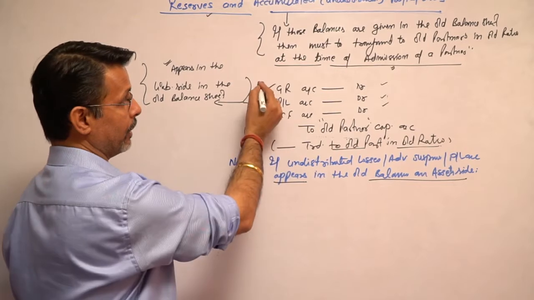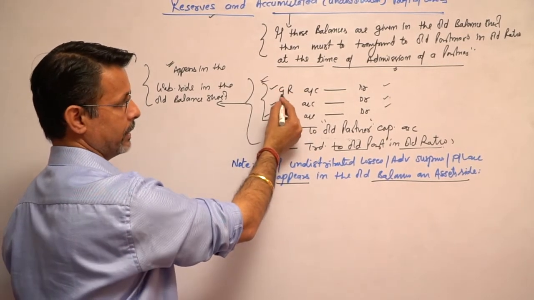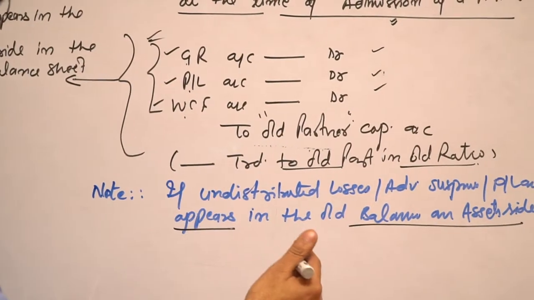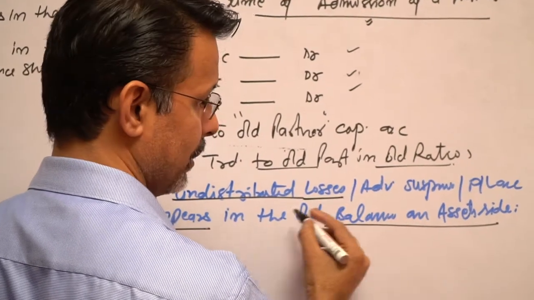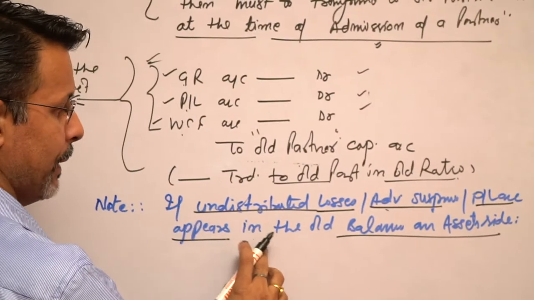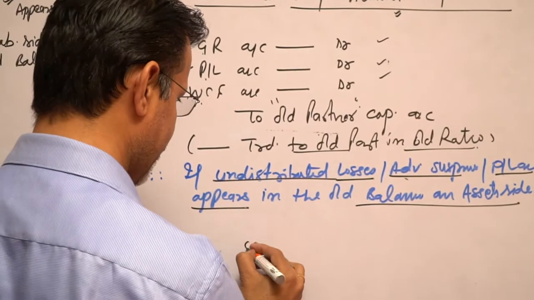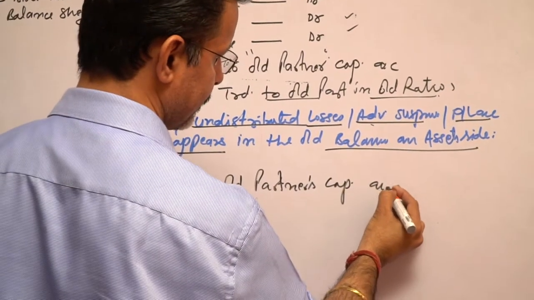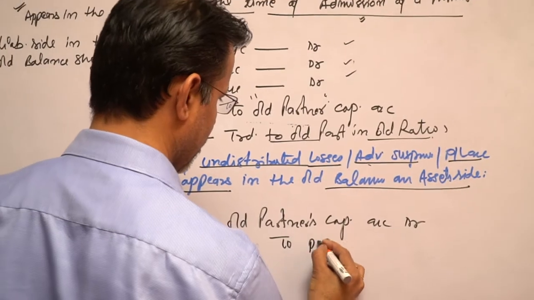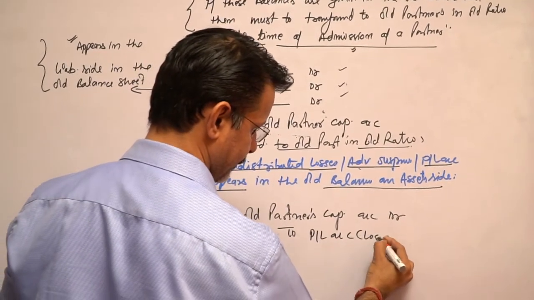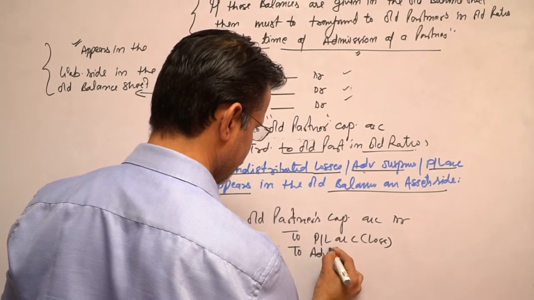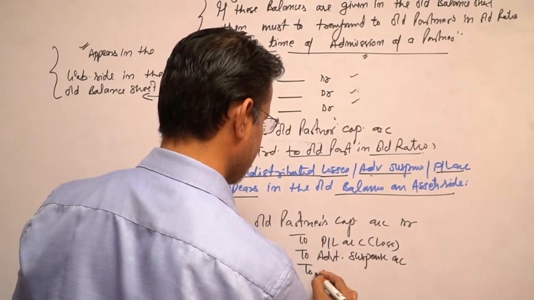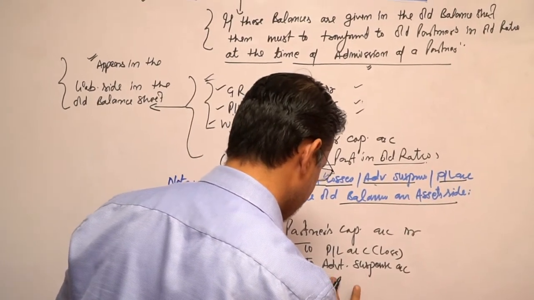If these balances appear on the liability side, then the entry will be: reserve, undistributed profit, workman compensation fund to old partners' capital account. But if the balance is like undistributed losses or advertisement suspense, then these balances are transferred to the old partners, but the entry will be: old partners' capital account debit to undistributed loss, advertisement suspense, or undistributed loss in business.